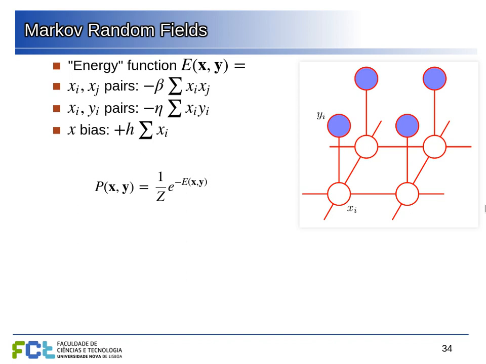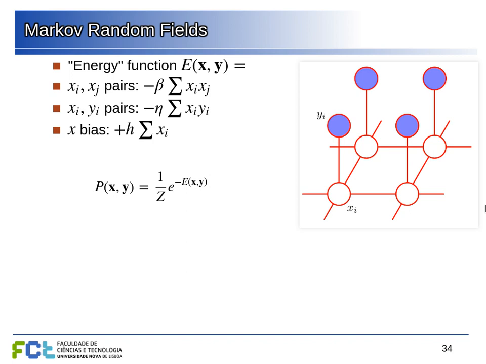So basically, if these products have opposite signs, the product becomes -1, so it penalizes, it increases the energy, because we have a minus sign here. If they have the same sign, then it becomes positive, and it decreases the energy. And now we also have a bias for the pixels. The pixels should generally be on, or we can control that bias.